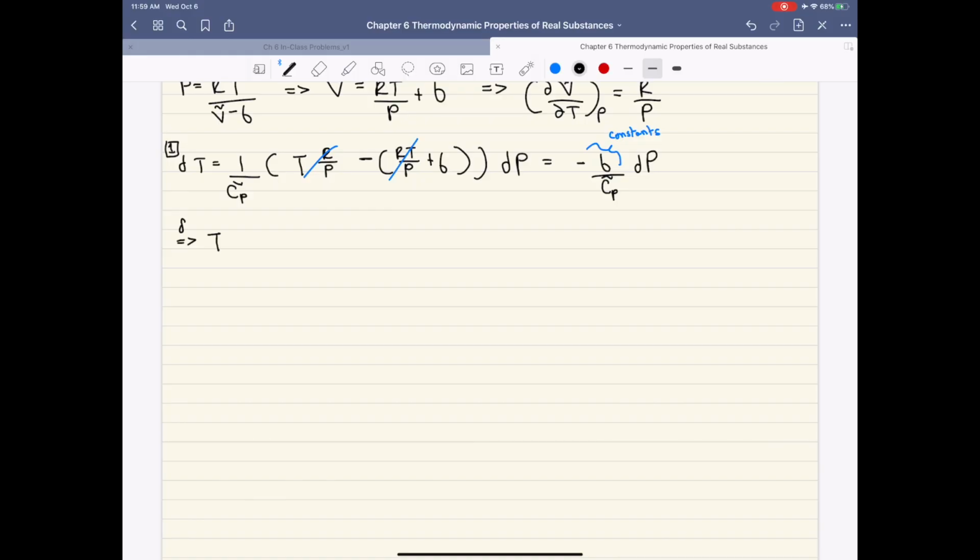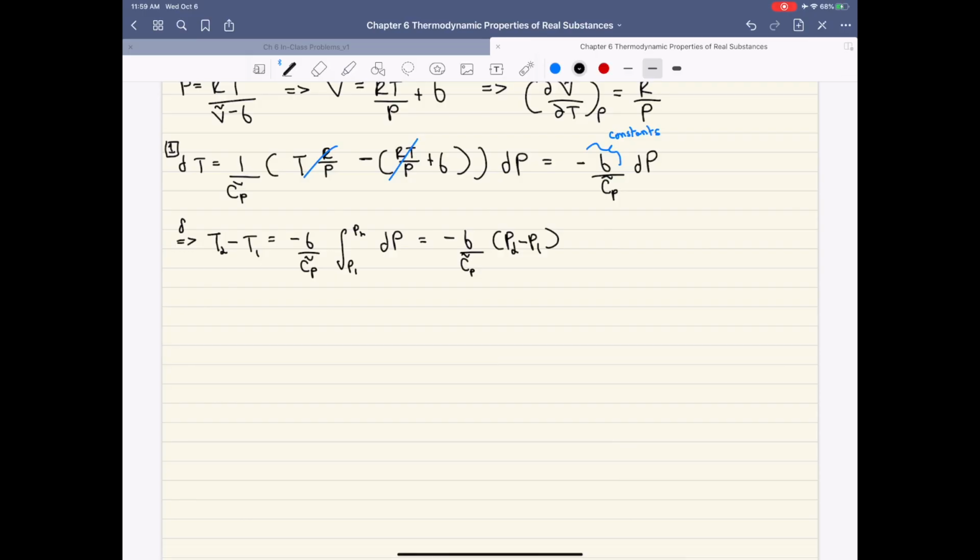What we get is T2 minus T1 is equal to negative B over Cp times the integral from P1 to P2 of dP, and this is just P2 minus P1.